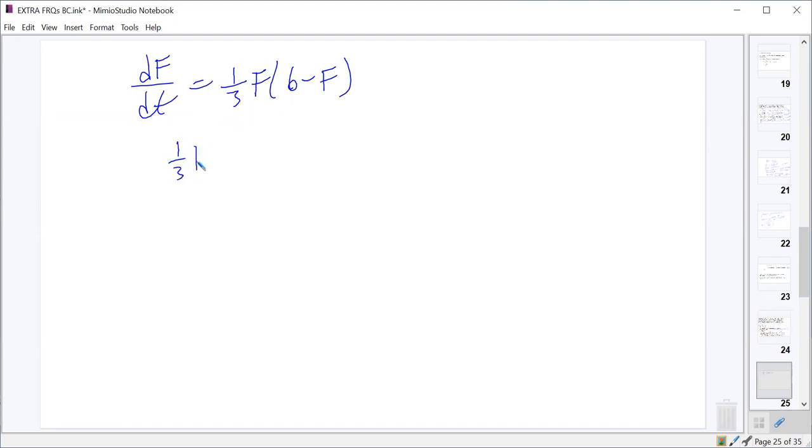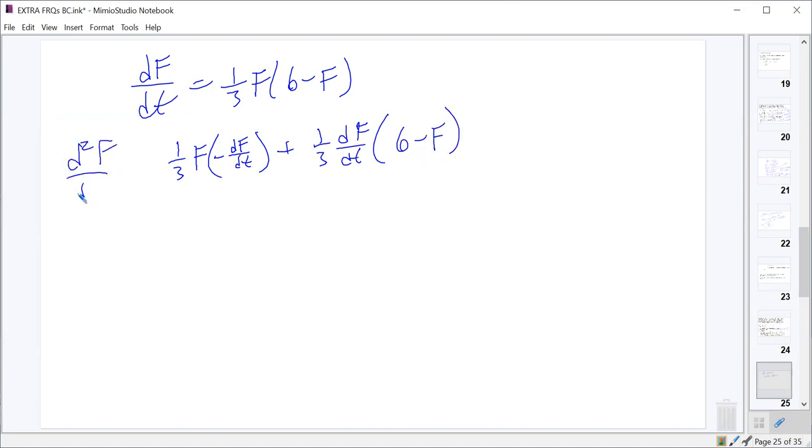So that'll be 1/3 of f times the derivative of 6 minus f, which is negative df/dt, plus 1/3 df/dt times 6 minus f. And then we can factor out the df/dt from each of these and simplify stuff down.